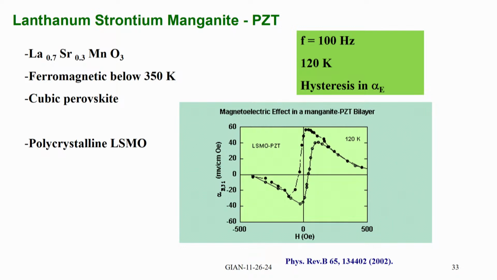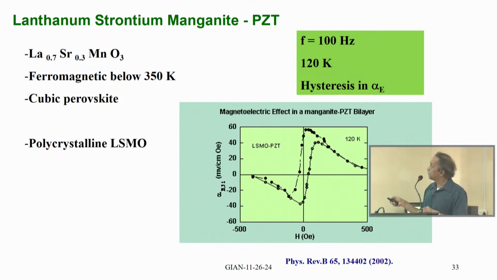So, these are the data we got at 120 degrees Kelvin, and you see there is a very fine hysteresis in the way the voltage coefficient varies with the bias field, and the maximum value is not very high, it is around 55, but it has some kind of a memory effect. So, it can be useful for specific applications related to it retaining the voltage coefficient. When you increase the field then decrease it, it has a very large value at 0 bias.